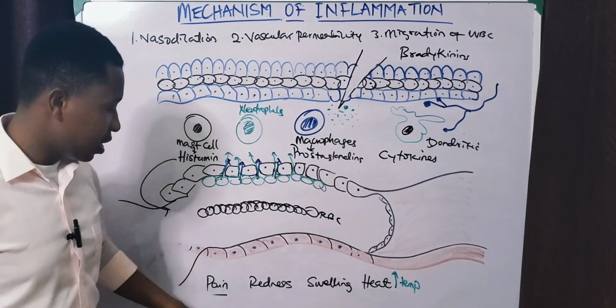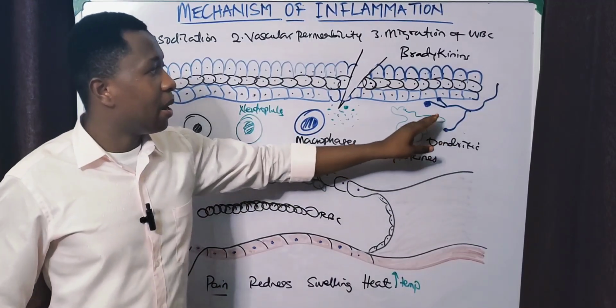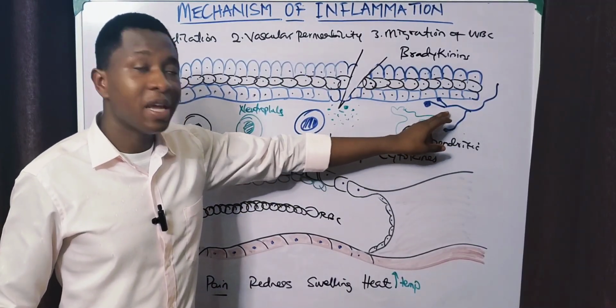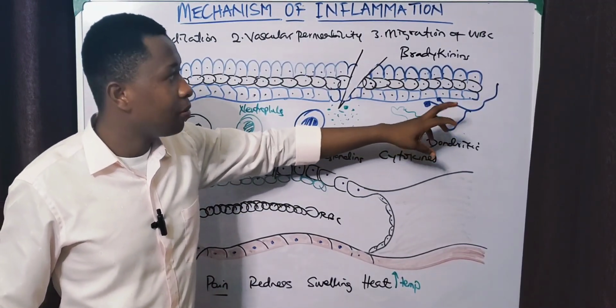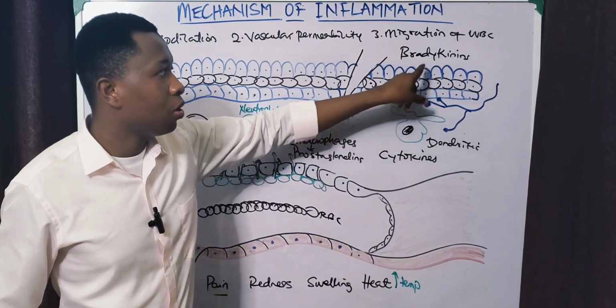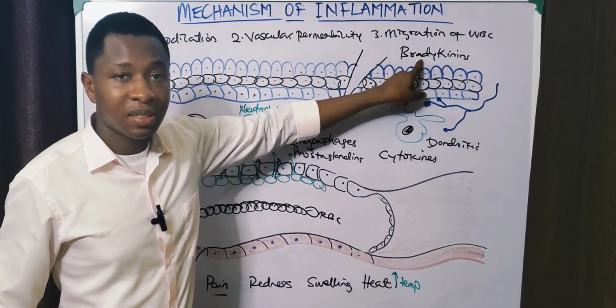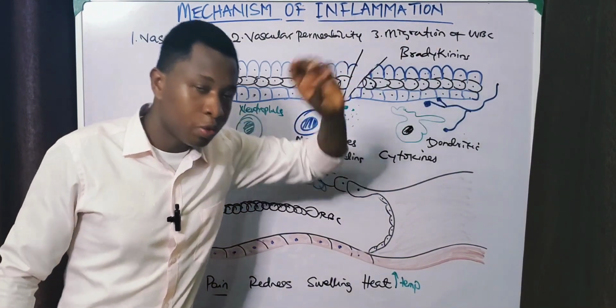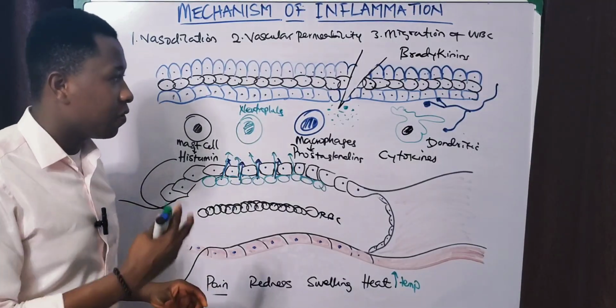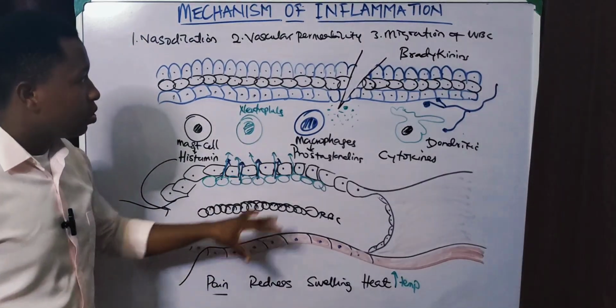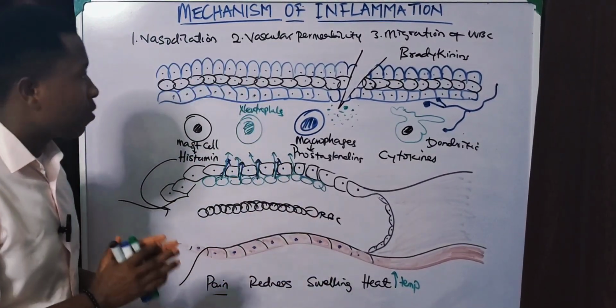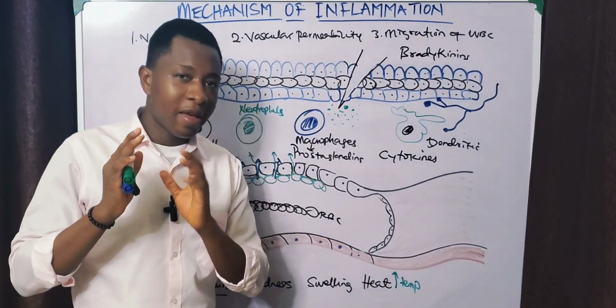And the pain is categorized by the nerve ending sending the signal, as a result of activation by bradykinins, to the brain to interpret that particular information as pain. So this is a quick run-through of what happens in inflammation.